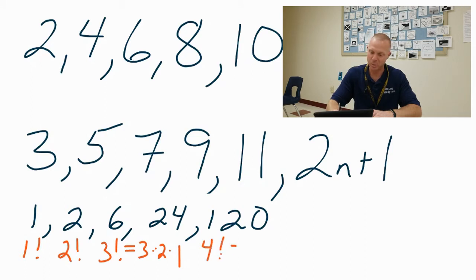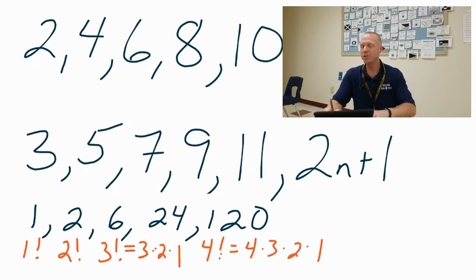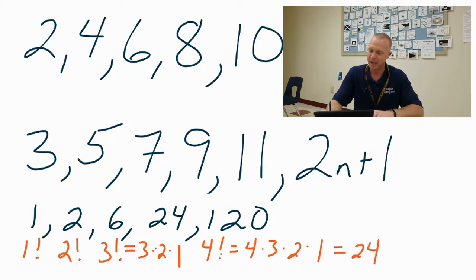Remember how factorials work? 4 times 3 times 2 times 1. What you do is you multiply the number times each integer all the way down to 1. And I hope you double check that this one comes out to be 24. And then the last one in the sequence is 5 factorial, which is just 5 times 4 times 3 times 2 times 1, which is 120.